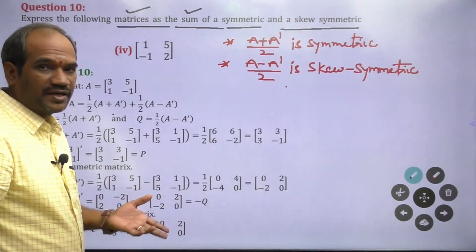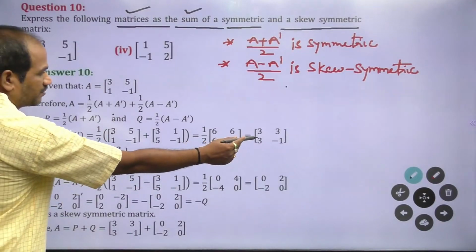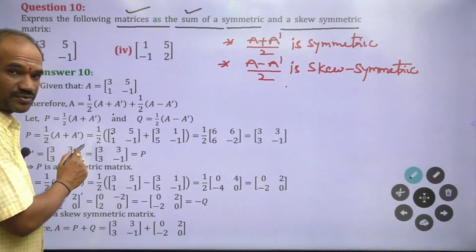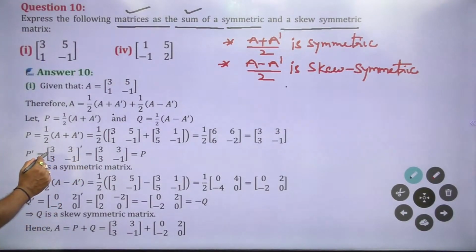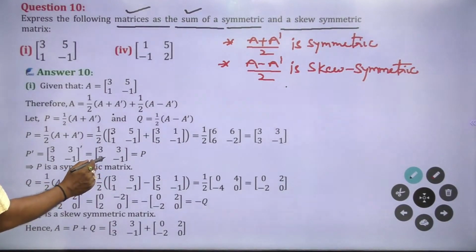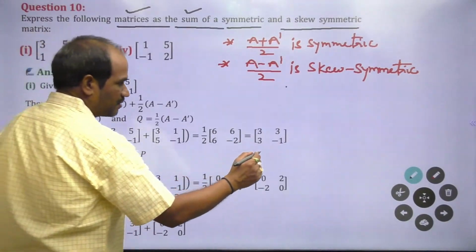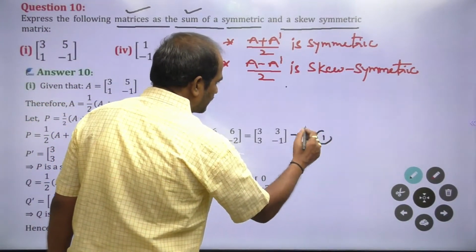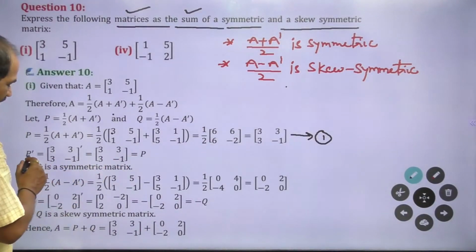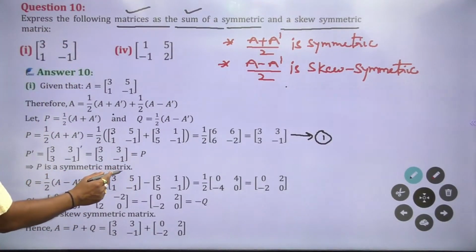Next we calculate P dash, the transpose of the matrix, interchanging rows into columns. The same matrix comes back, so P dash is equal to P. So P is a symmetric matrix.